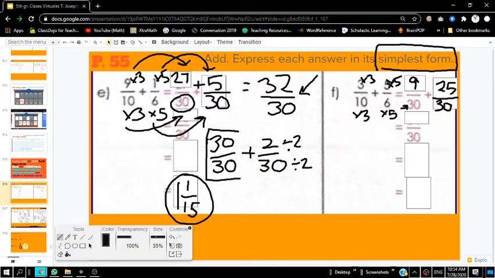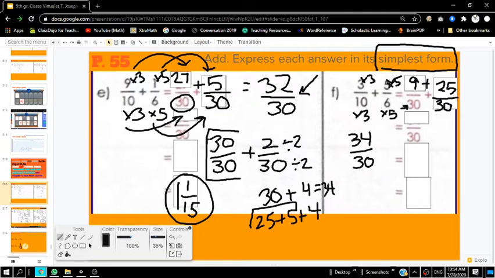Since my denominators are the same, I can just add my numerators, 9 plus 25. What is 9 plus 25? Well, I know that 9 plus 25 is the same thing as 25 plus 5 plus 4, and 25 plus 5 is 30, and 30 plus 4 is 34. So my answer is 34/30ths.